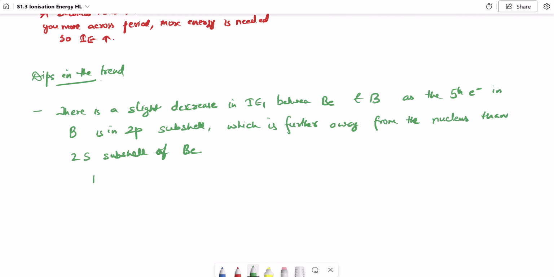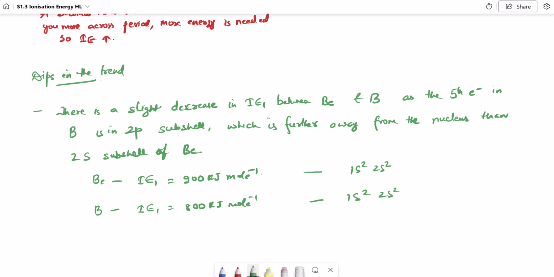So you will find in the case of beryllium, the first ionization energy is 900 kilojoule per mole, and its electronic configuration is 1s2, 2s2. And in the case of boron, the first ionization energy is, let's say, 800 kilojoule per mole. And the configuration is 1s2, 2s2, 2p1.